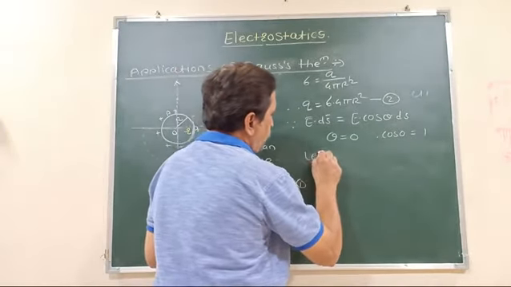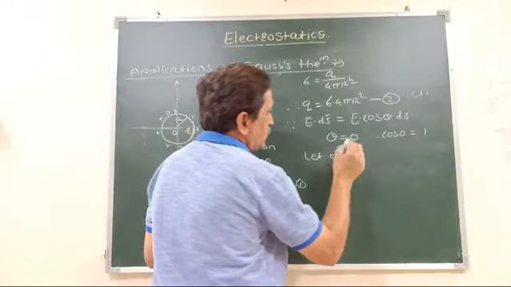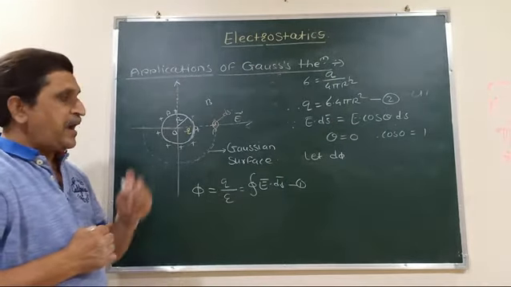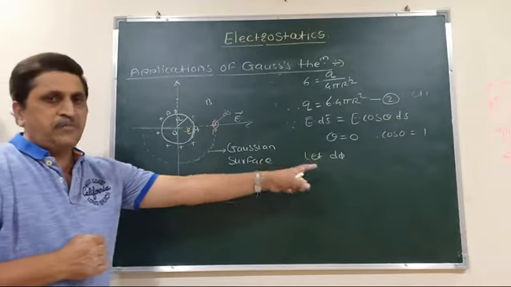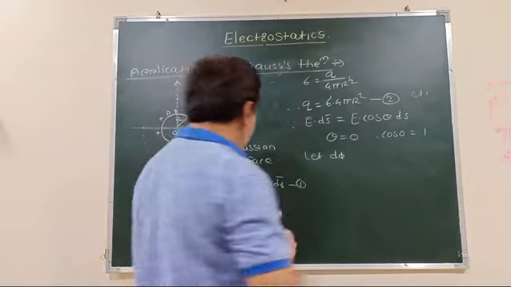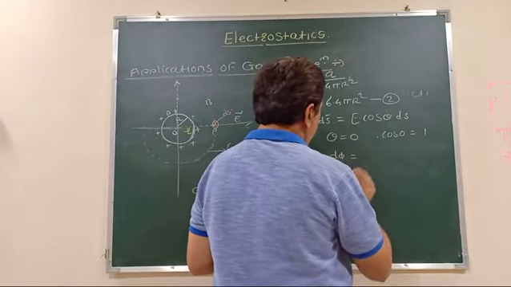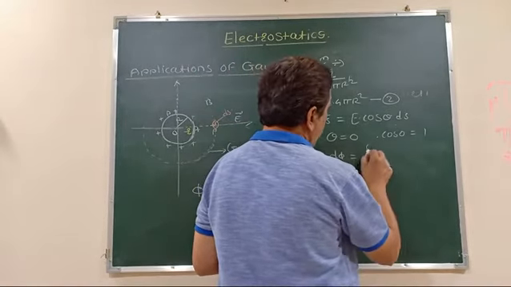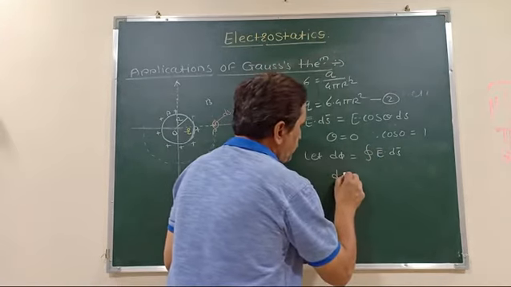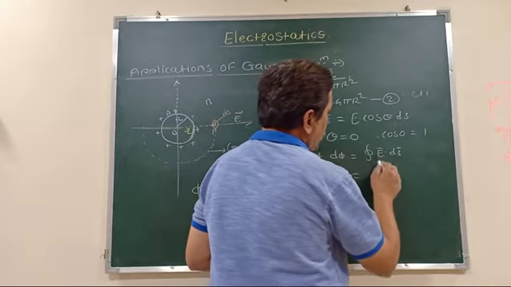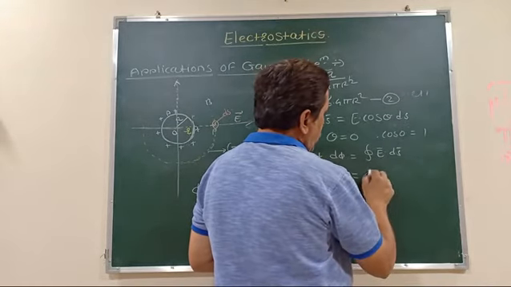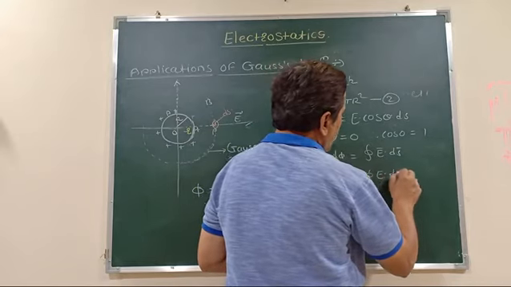Now let d phi, listen carefully, be the small change in flux through a small area ds. Then we can write d phi is equal to the integration of E bar dot ds bar. That means if we take theta equal to 0, d phi is equal to the integration of E into ds.